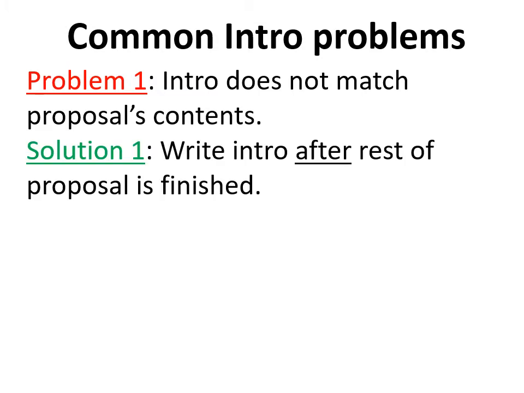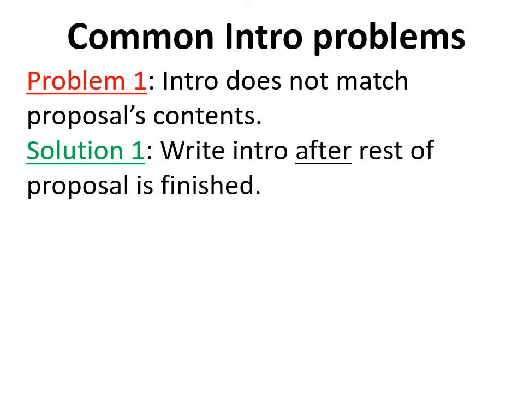A way to avoid this problem is to write your introduction after you've written the rest of your proposal. So after you've written your proposal, then write your introduction. That way you actually know what is in your proposal before you write the introduction. So you know what the meat is, if you will, or the essential bits.